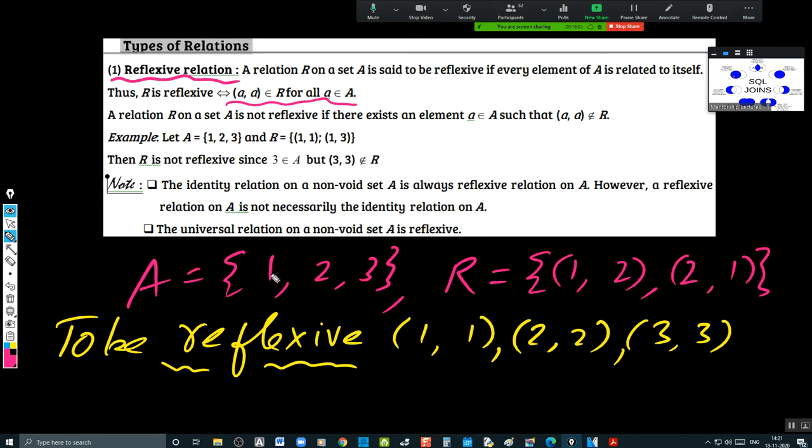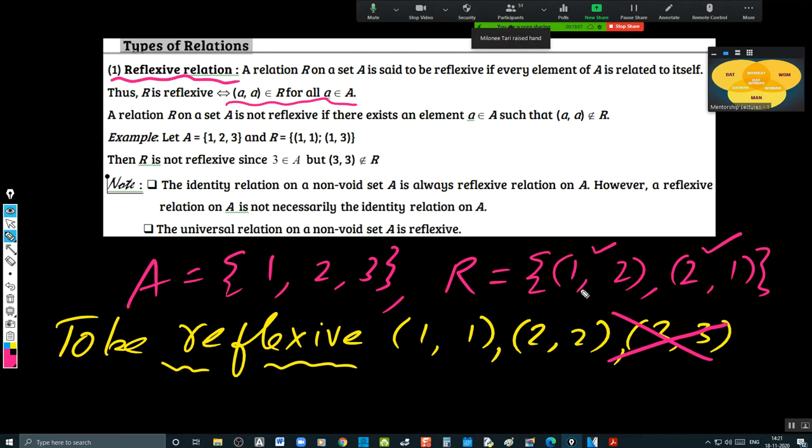Now 1 belongs to A, that is why 1, 1 must be there. 2 is lying in A, that is why 2, 2 must be there. But 3 is not mentioned there, so you don't need it. If these 2 are there, that becomes a reflexive relation. Understand that. So in a reflexive relation, you can have other ordered pairs also besides 1, 1 and 2, 2. Understand this?